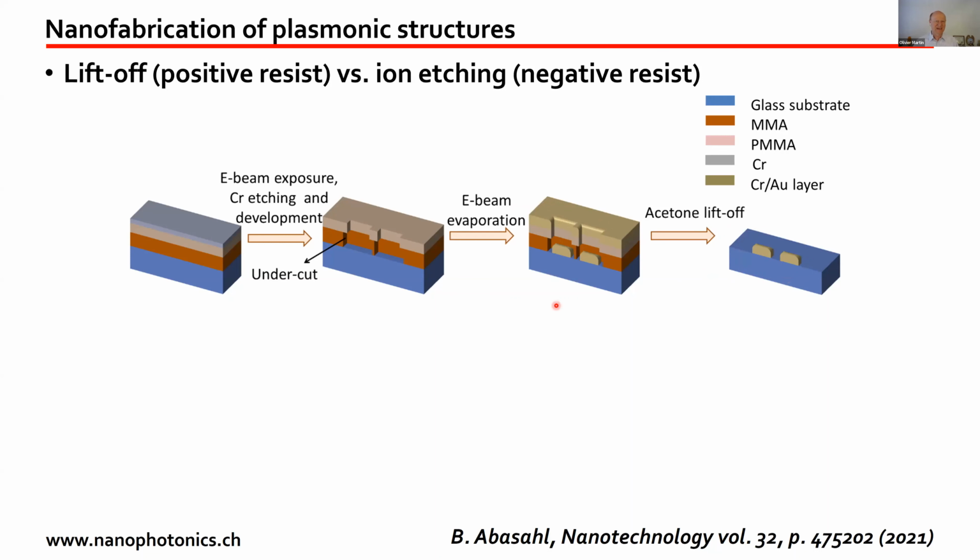Maybe you've noticed that in that case, we use 2 layers of photoresist, and this is quite important. We put here this bottom layer, which is a bit more sensitive to the electrons from the E-beam, such that when it's developed, here the cavity is a bit larger.